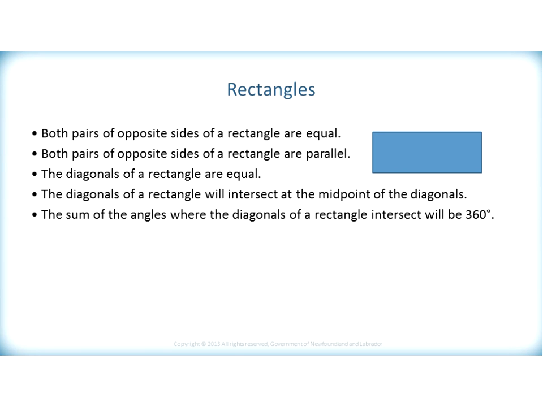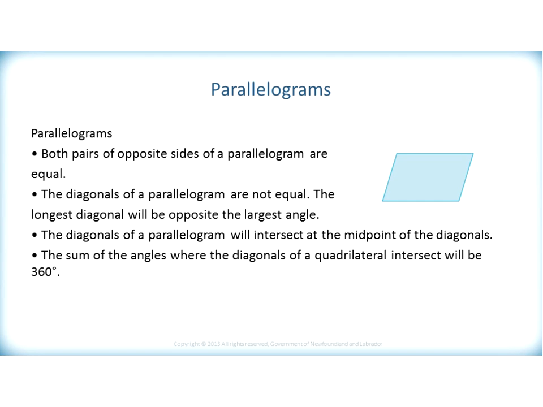Okay, next we have parallelograms. In parallelograms, the opposite sides are equal in length, and the opposite sides are also parallel to each other. It should be obvious when you look at the diagram here that if I drew in the diagonals for the parallelogram, one here and one here, they're not going to be equal in length.